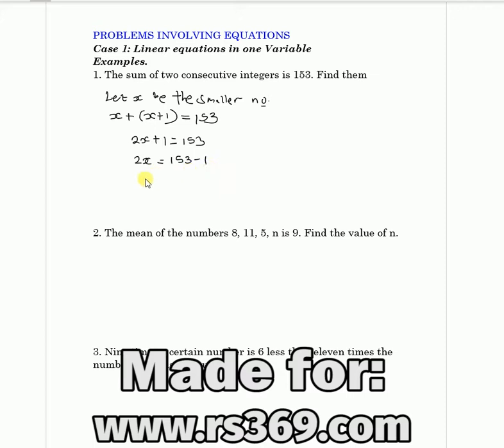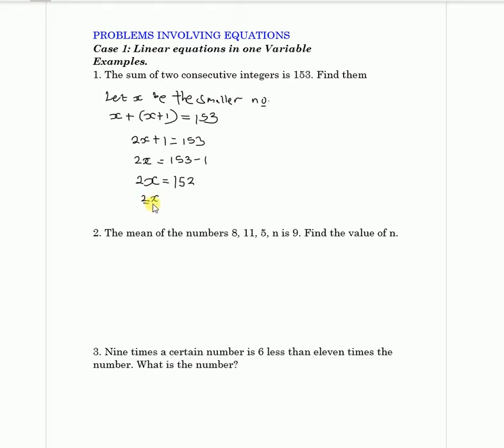So we have 2x is now equal to 152, such that 2x divided by 2 is equal to 152 divided by 2. If you work that out, we have that x is equal to 76. That is the smallest value.